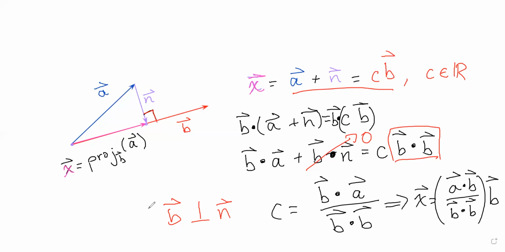Okay, and another thing is B dot product with itself is just equal to the magnitude of B squared. Okay, so now we figured out what vector X is. Okay, so the projection of vector A onto vector B, this vector right over here, can be computed using this formula. And that is it.